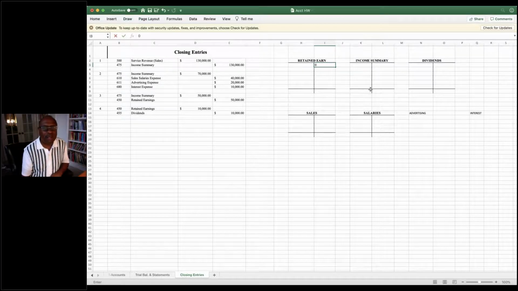Yeah. Okay. So let's put the first closing entry in. I guess we got to put these amounts in. Sales had 130,000. And dividends had 10,000.